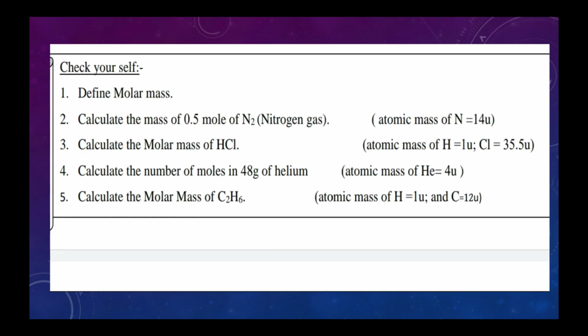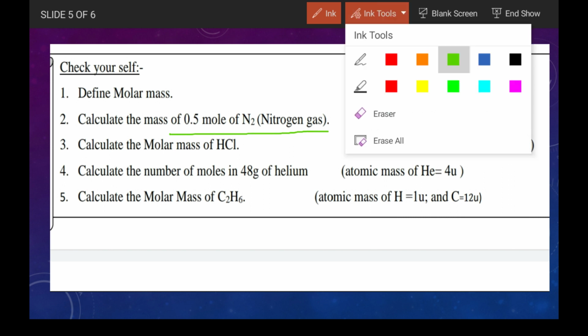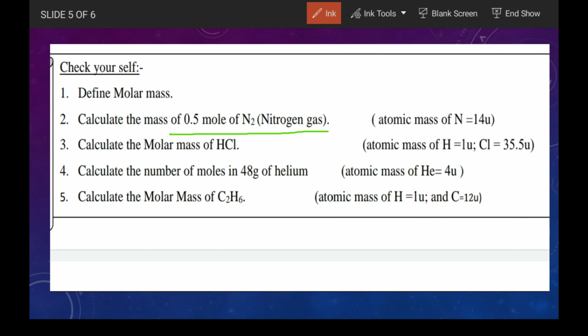Now I'll discuss your question number 2, which is: calculate the mass of 0.5 mole of nitrogen gas. Read it carefully, it's gas here, and you have been given the atomic mass of the nitrogen atom. It's of a single atom, that is 14 u.